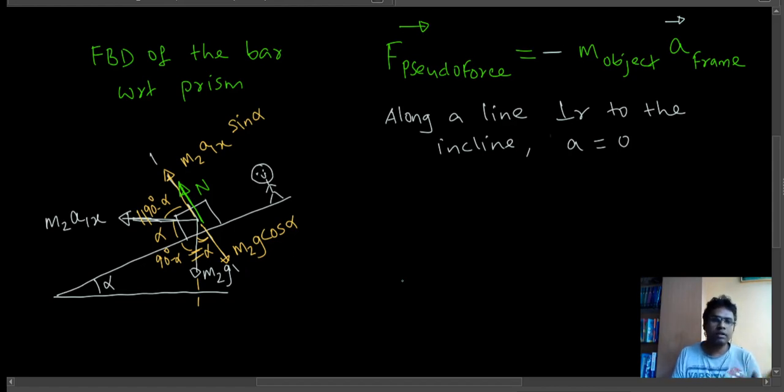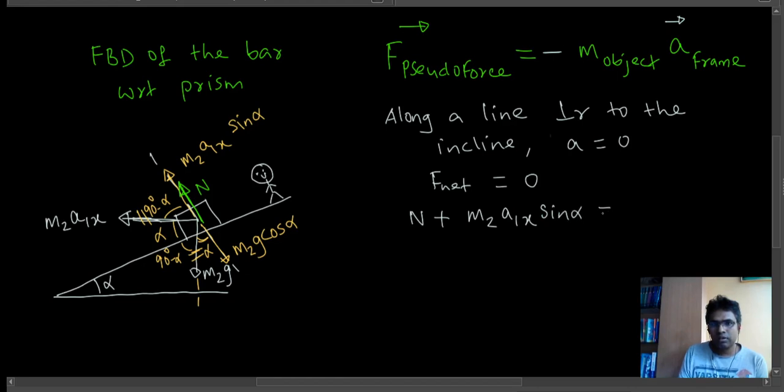And again, keep in mind here, you don't have to really worry about what is really happening down the incline in this problem. If I write down Newton's second law, because the acceleration is 0, the net force is 0. So the forces in the upward direction, which are normal plus m2 a1x into sine alpha, is equal to the force in the downward direction, which is m2g cos alpha.